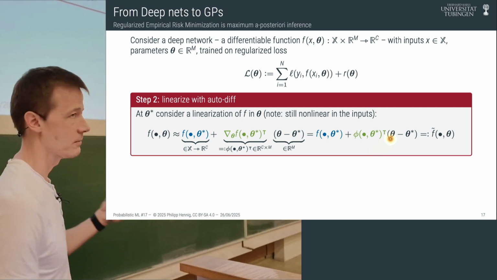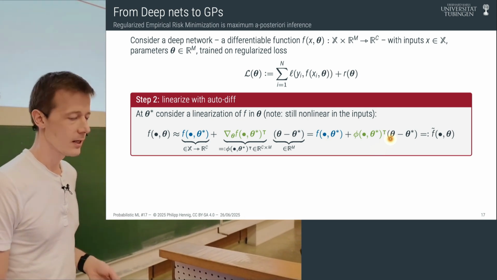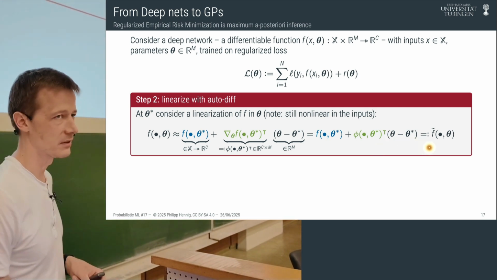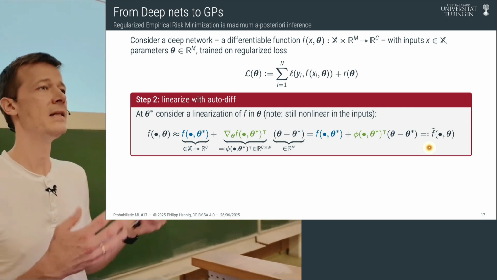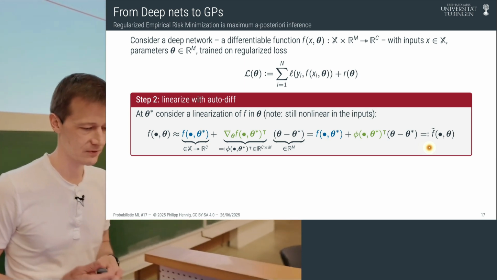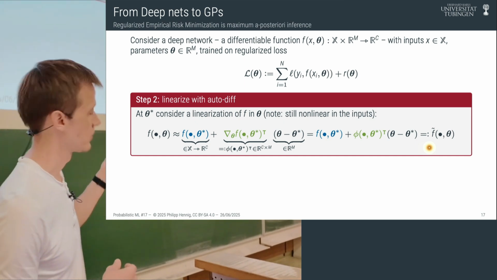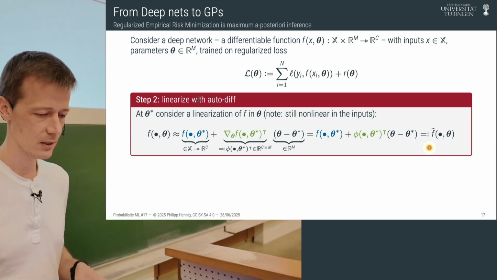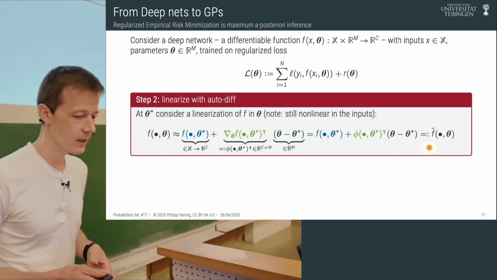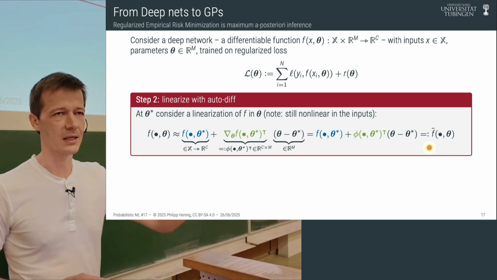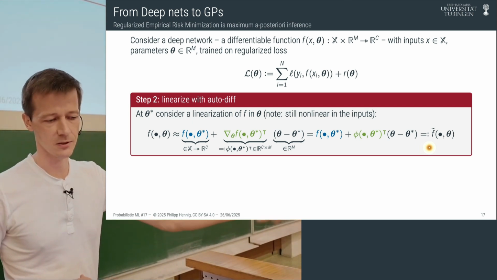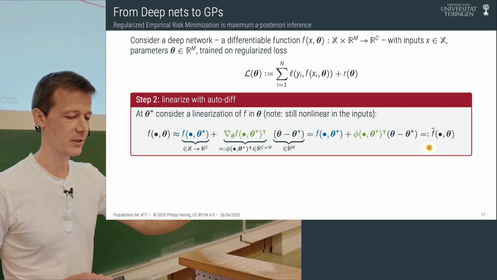I mean, there are higher order terms in this Taylor approximation that I just drop. And I'll call this linear function f tilde. This is sometimes called a linearized neural network by people like Alex Immer, for example, who has also contributed significantly to this line of work. But so far, we have really not done anything. We just know that this gradient exists, this Jacobian, but we haven't really used it for anything yet.